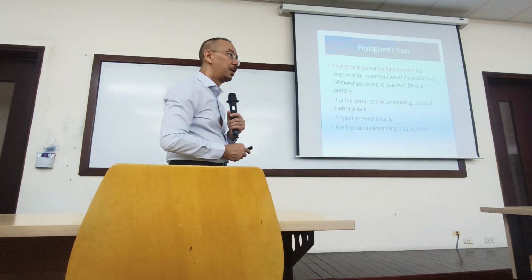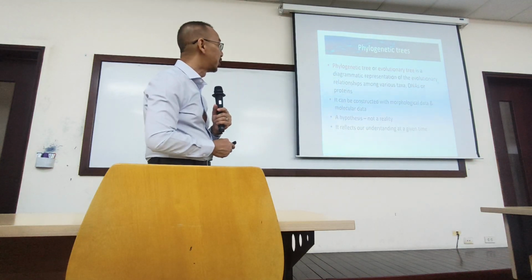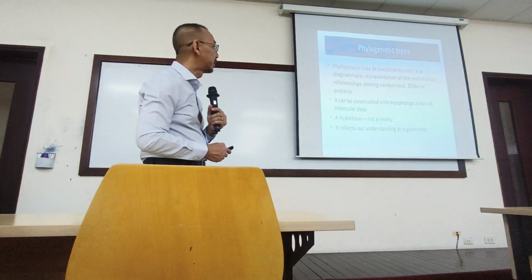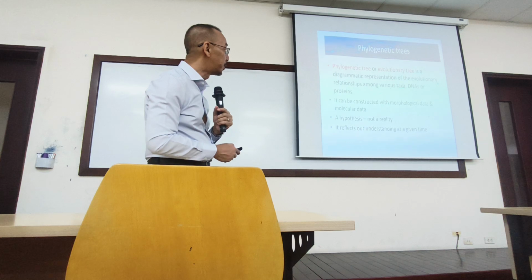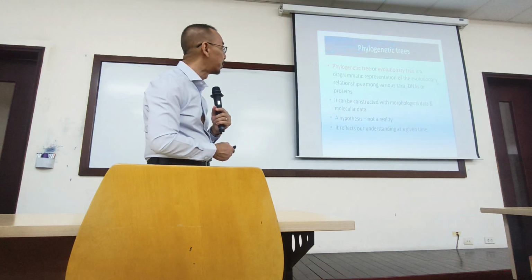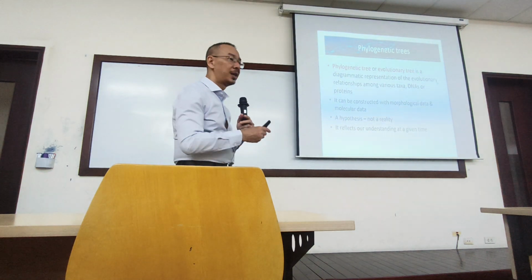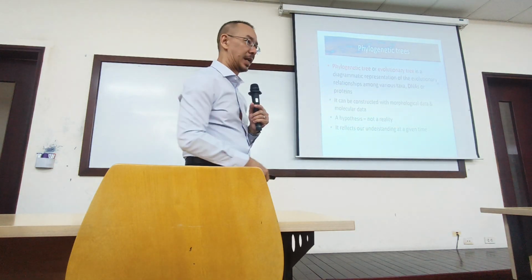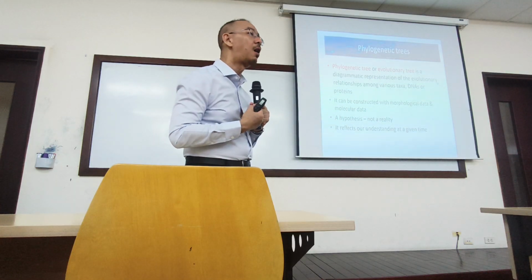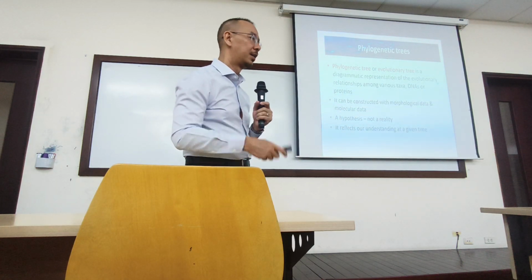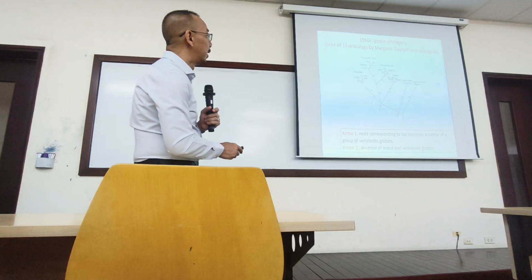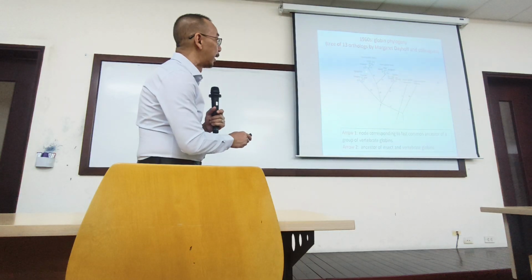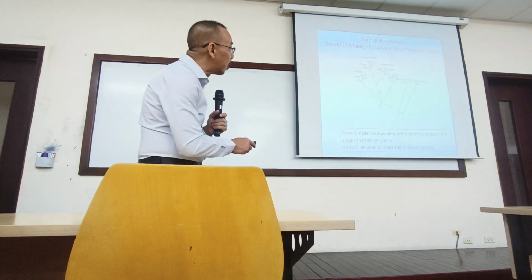Phylogenetic trees, or evolutionary trees, are diagrammatic representations of evolutionary relationships among various taxa. So the tree is actually a diagram, and the diagram represents relationships between organisms, for example how the horse and dog and kangaroo are related compared with the others.